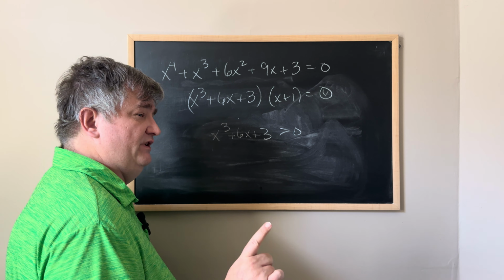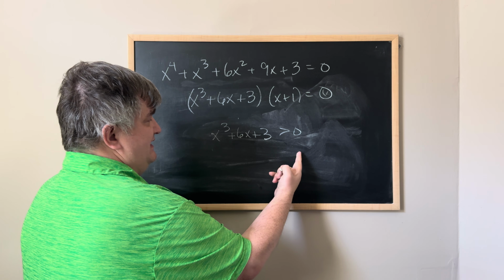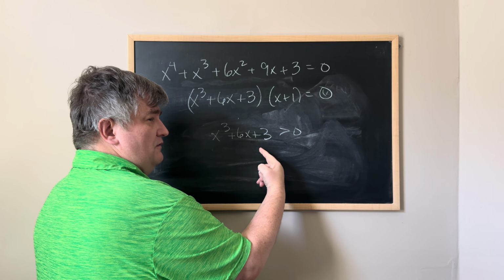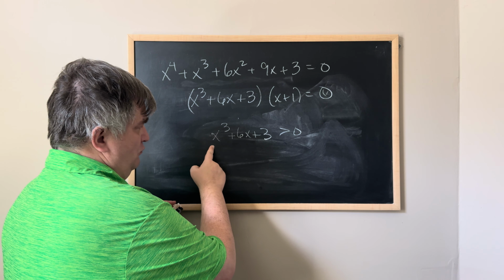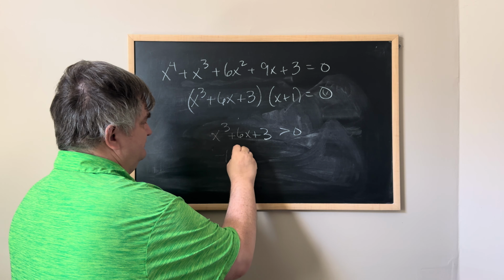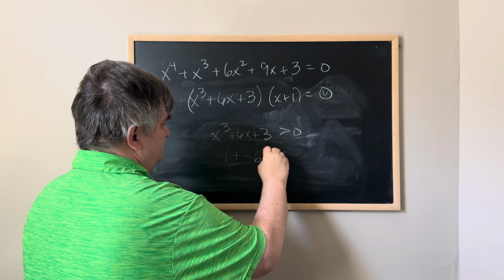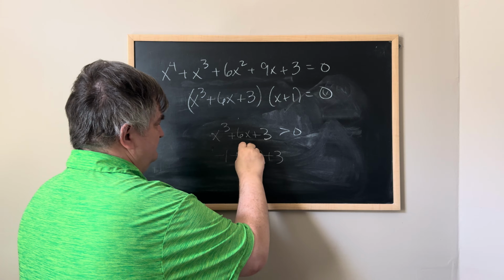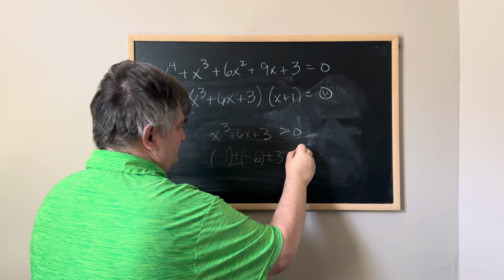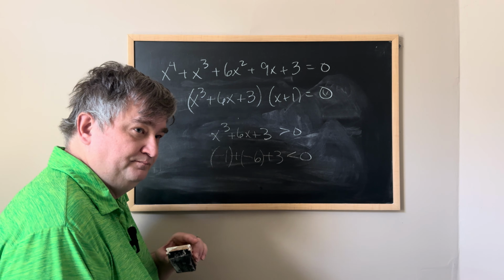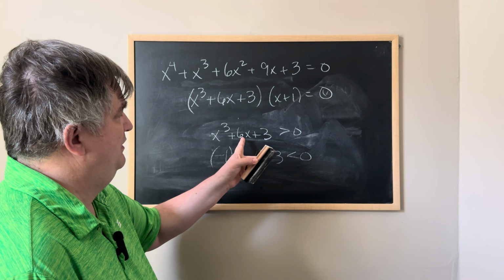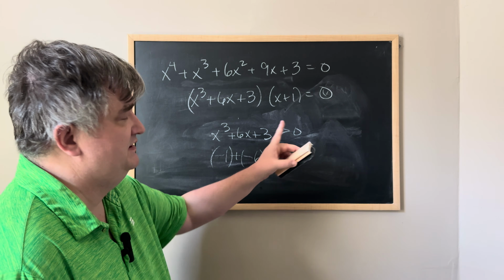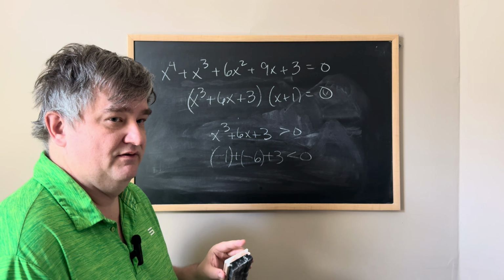So you now know once you get a minus over here, you're done. So if I do -1, -4 is less than 0, but we already know 0 here is greater. 0 plus 3 is greater.